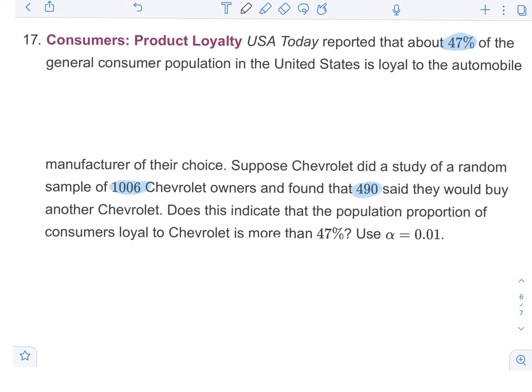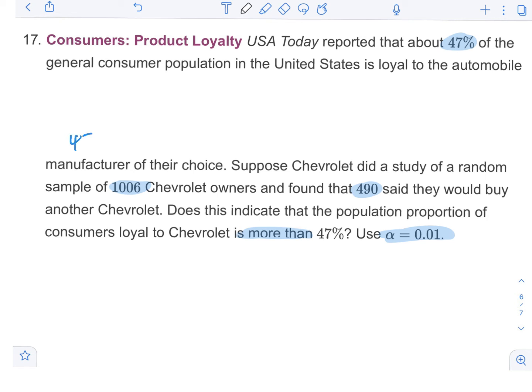Those are the two numbers, everybody. N and R, that will give you your P hat. We want to know, is the population proportion of consumer loyalty to Chevrolet more than 47%, and we're going to use a 0.01 significance level again. So those are our pieces of data that we are going to use for this example.